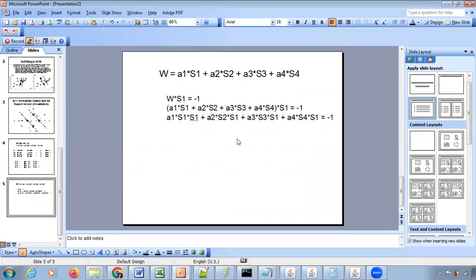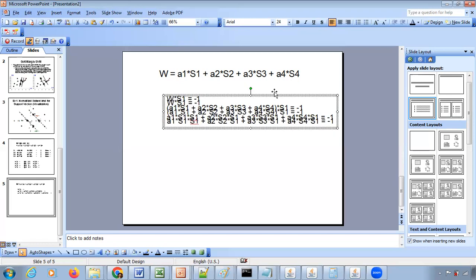So basically, each term here is multiplied by S1. Again, A1, A2, A3, A4 are simply coefficients. What's more important is here, we have what's called a dot product of two support vectors. It's like multiplication. We call it dot product of two support vectors in each of these terms. Okay, I'll do just one more.